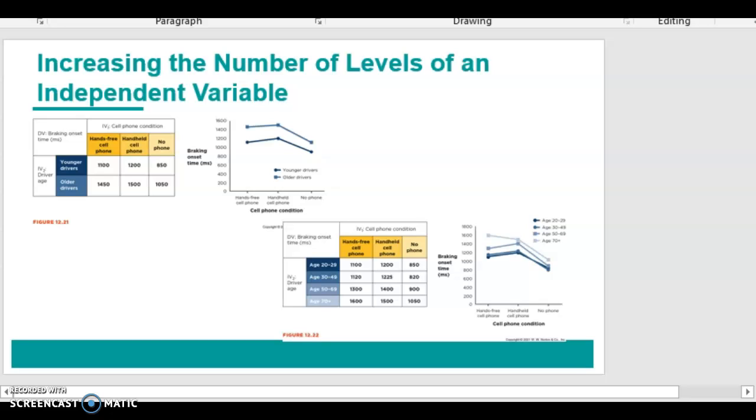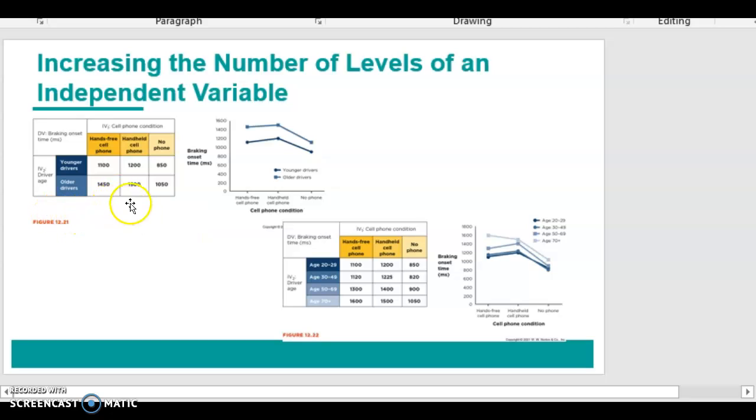So factorials are notated like blank times blank. The times is because we're looking at each one by the other. The number of blanks tells you the number of independent variables, and the numbers that you put in the blanks tell you the number of levels of each of the independent variables.